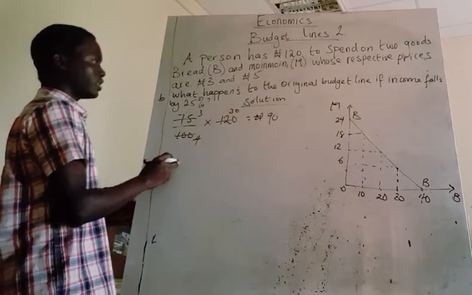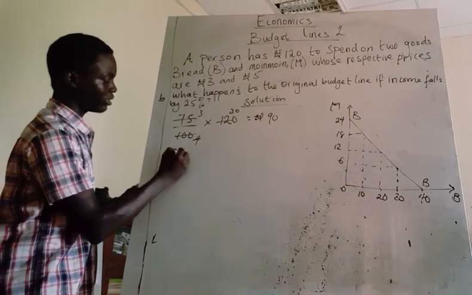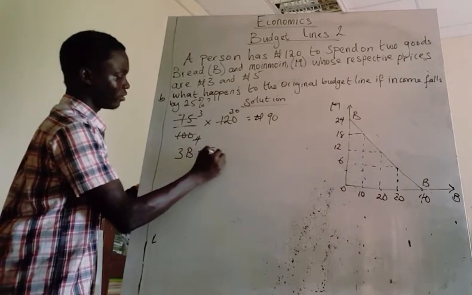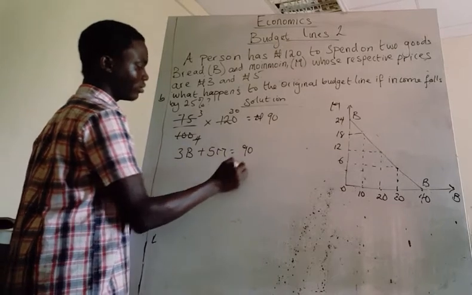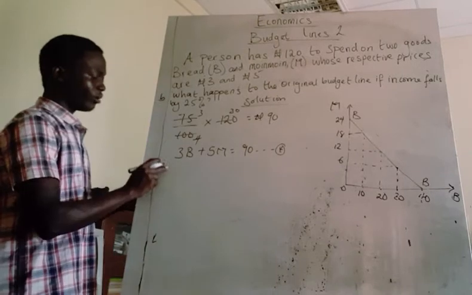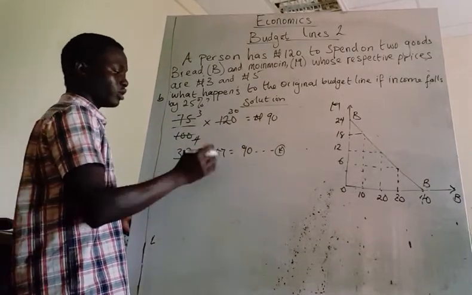So we revisit our initial budget function. We had 3B plus 5M equals, and now we have 90. This is equation 4. Let's assume that our consumer is willing to spend all of his money on moi moi.